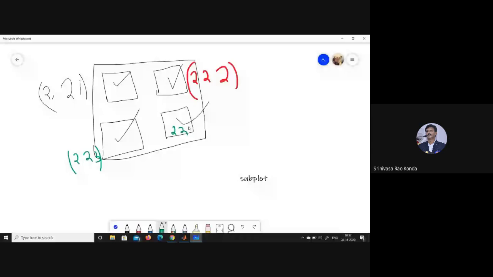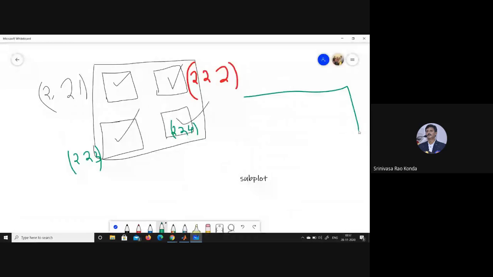Like this, we will mention. Suppose I want to plot like this: here one figure, here one figure, here one figure, here one figure, here one figure, here one figure.